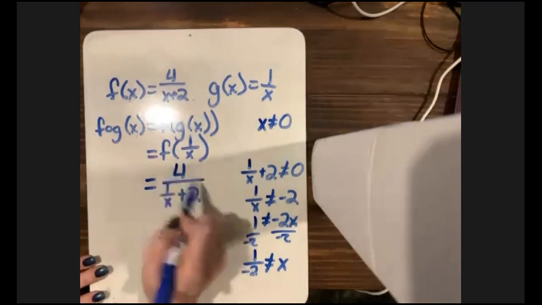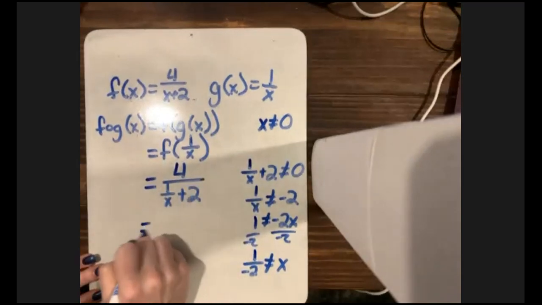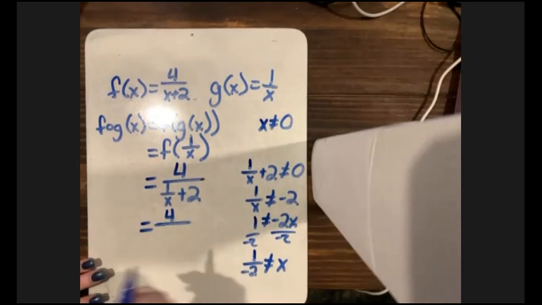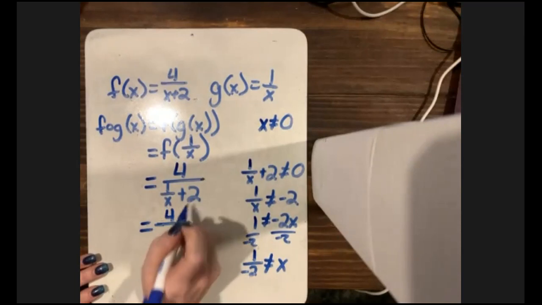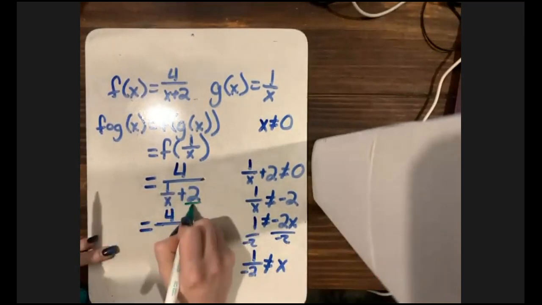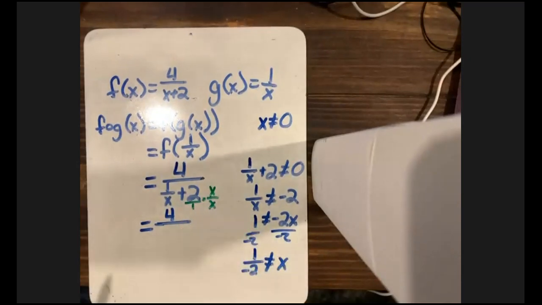So now with this, we just want to do a little bit of cleanup. So first thing that I'm going to do is I'm going to get a common single piece down here on the bottom. So I'm actually going to turn this into a 2/1 and multiply by an x over x.